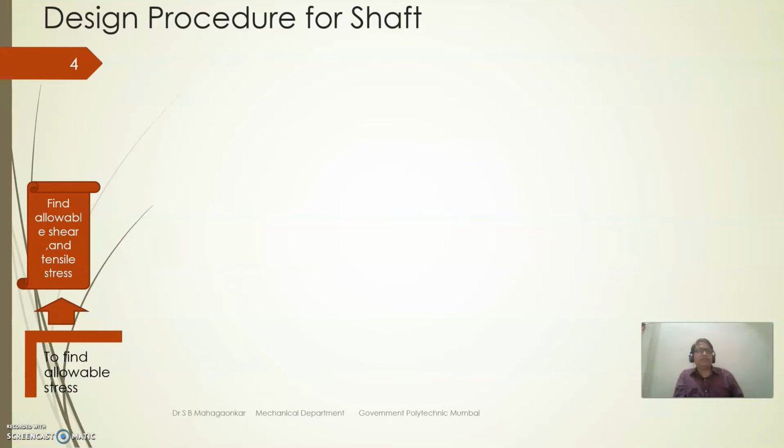They will mention it in the problem. They will also mention the yield strength and ultimate strength, SYT and SUT. YT stands for yield strength and UT stands for ultimate.